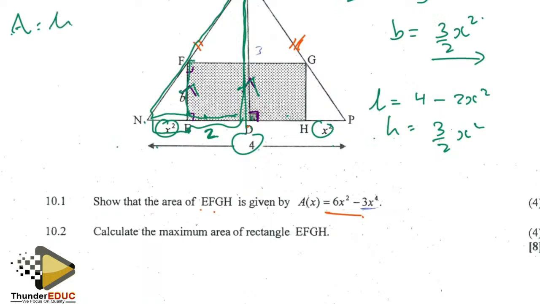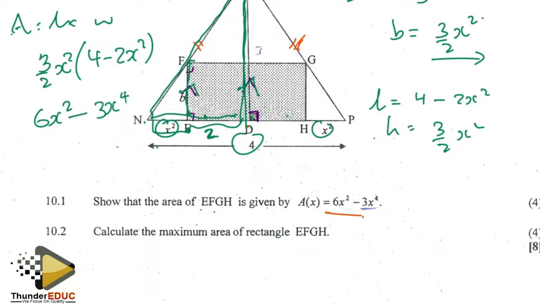So area is length times the width, which is 3 over 2 x squared into 4 minus 2x squared. So 3 over 2 times 4, that's going to give me 6x squared. Okay, minus 3 over 2 times 2, that's going to be 3x to the 4. So this is my area, and that's what they gave me.